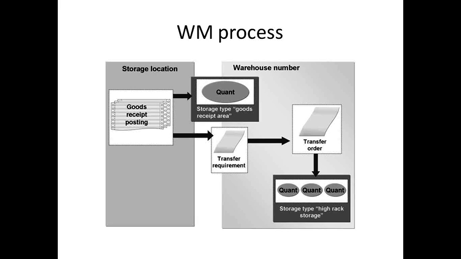And the transfer order is a document. See, as we know in MM, if you want to move the stock to some area, we need to do a transfer posting, right? And we do have some movement types to transfer the goods.